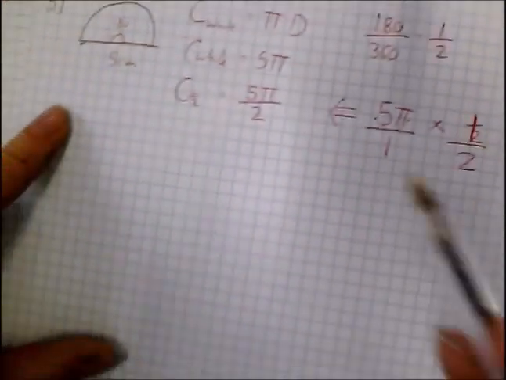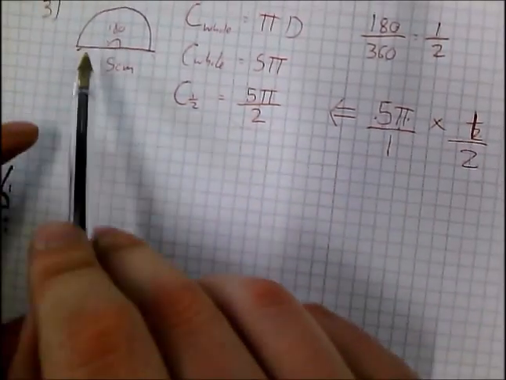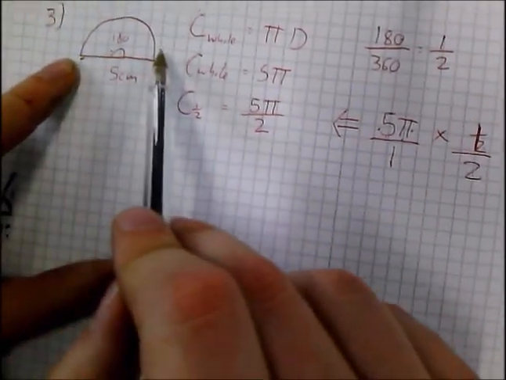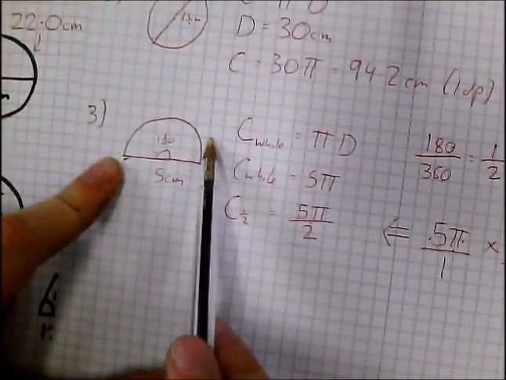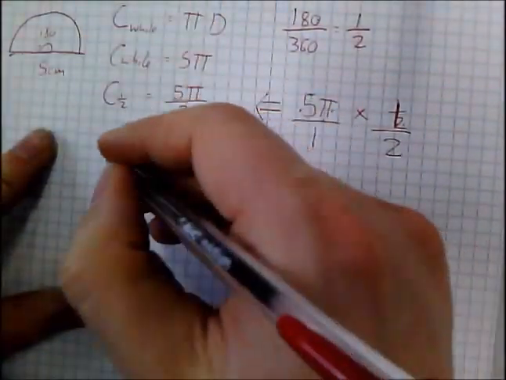Okay, so the circumference of half the circle is 5 pi over 2, but I also want to include this bottom piece here. Because I know this curved bit, I now need this bottom bit, so I need to add on that 5 to get the perimeter of the whole shape.